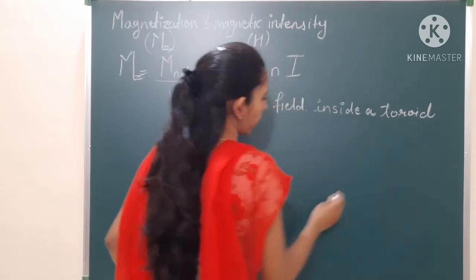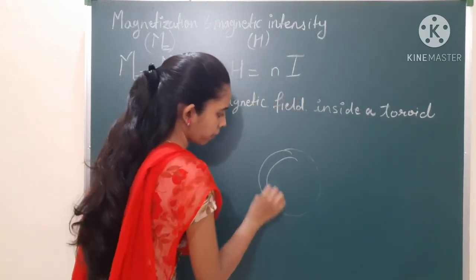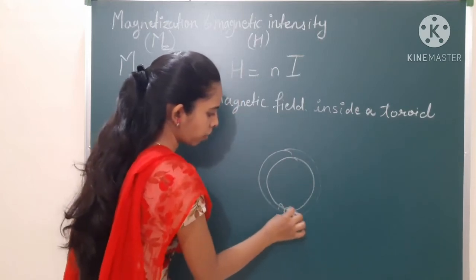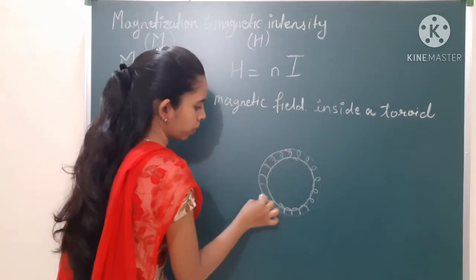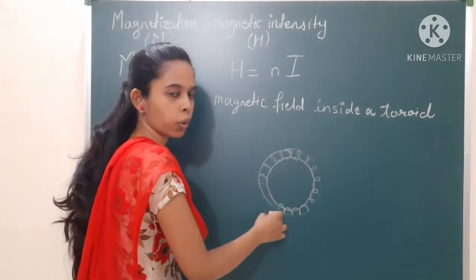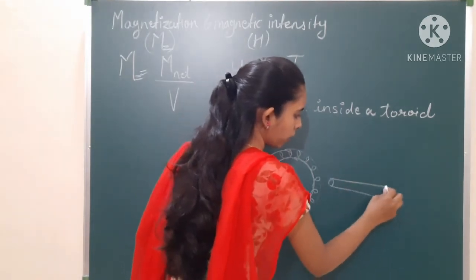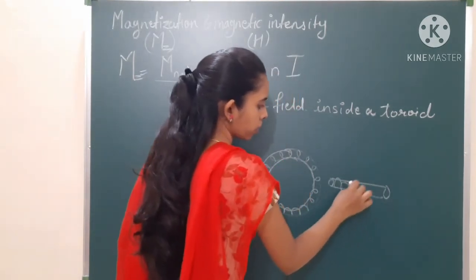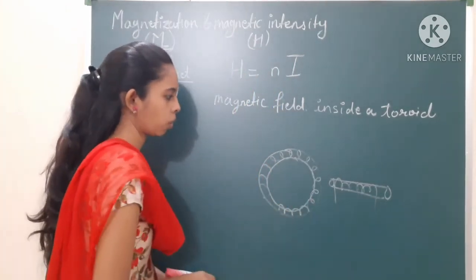How does this toroid look? It looks like this. This is a circular rod, and on this a number of turns of wire are wound. This is called a toroid. And how is a solenoid? A solenoid is a rod on which a number of turns of wire are wound. This is a solenoid, this is a toroid.